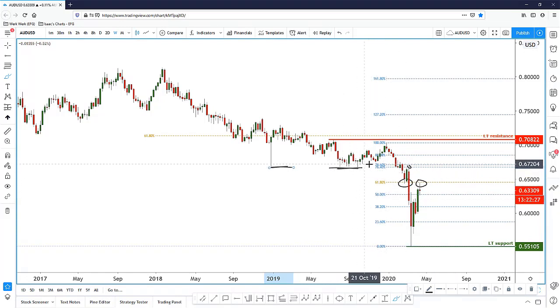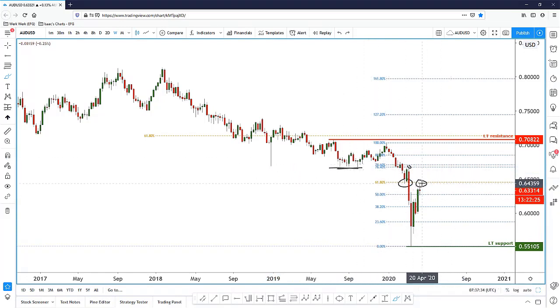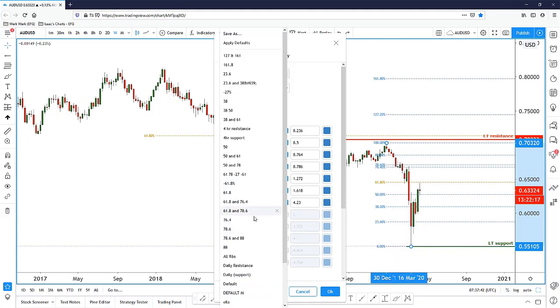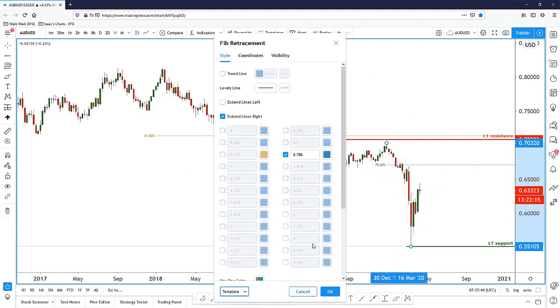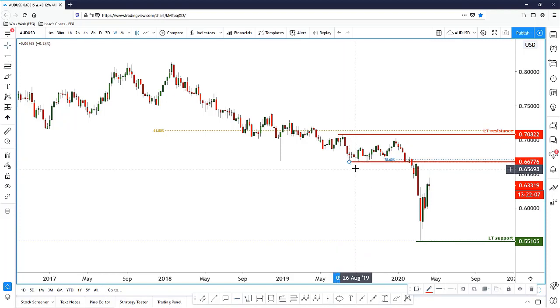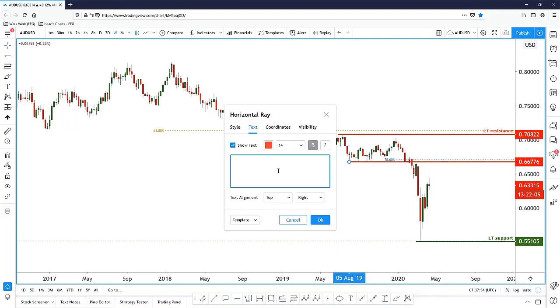So 78.6 seems stronger than the 61.8 retracement ratio, but it's important to note that we have a 61.8 there. Like I said, the 78.6 seems stronger, so I will just highlight that one. Keep in mind the 61.8 is still there. We might find it on the lower time frame. So I'll put in a resistance level, and we can call this our weekly resistance.